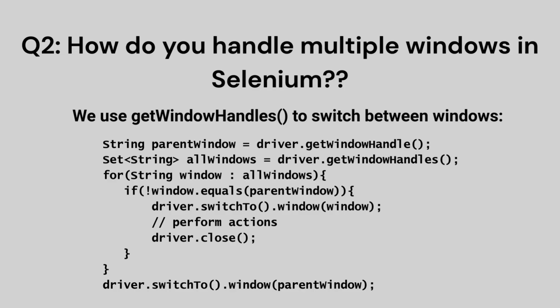Now you can write an enhanced for loop: for String window in allWindows, if window not equals parentWindow, then driver.switchTo().window, and you specify that window variable which you have just declared, and after that you can use driver.close. And once you are coming out of the for loop and out of the set, you can switch to driver.switchTo().window(parentWindow).